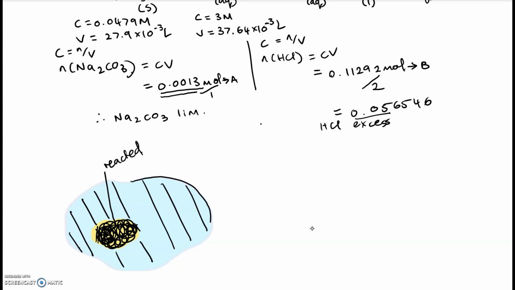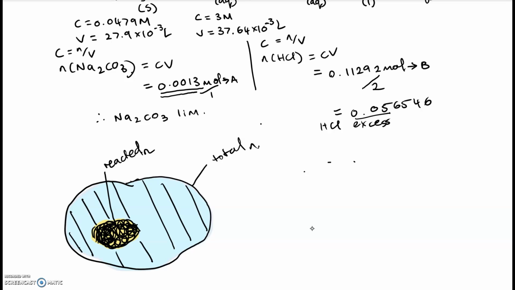And the entire puddle of the excess reagent is the total number of moles of the excess reagent. So we have the reacted number of moles of the excess reagent as the space occupied by the yellow puddle. We have the total number of moles of the excess reagent as this entire space here.